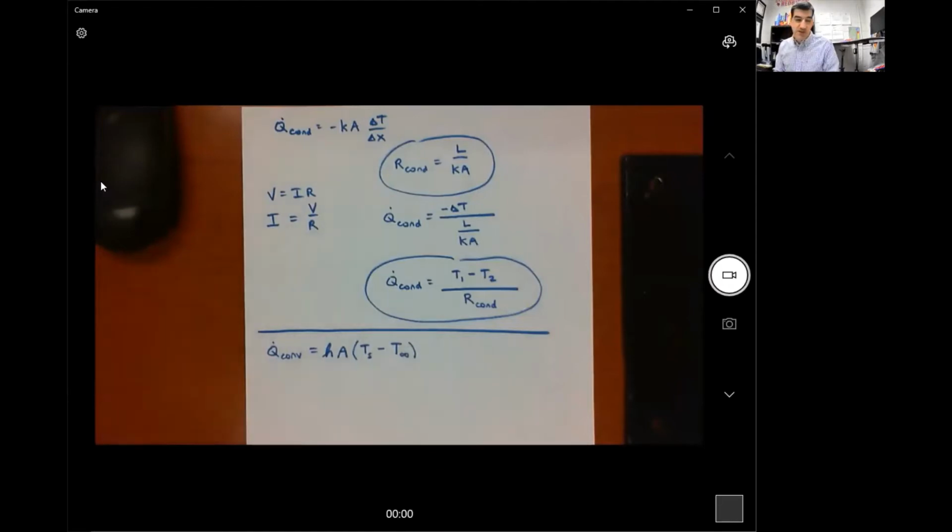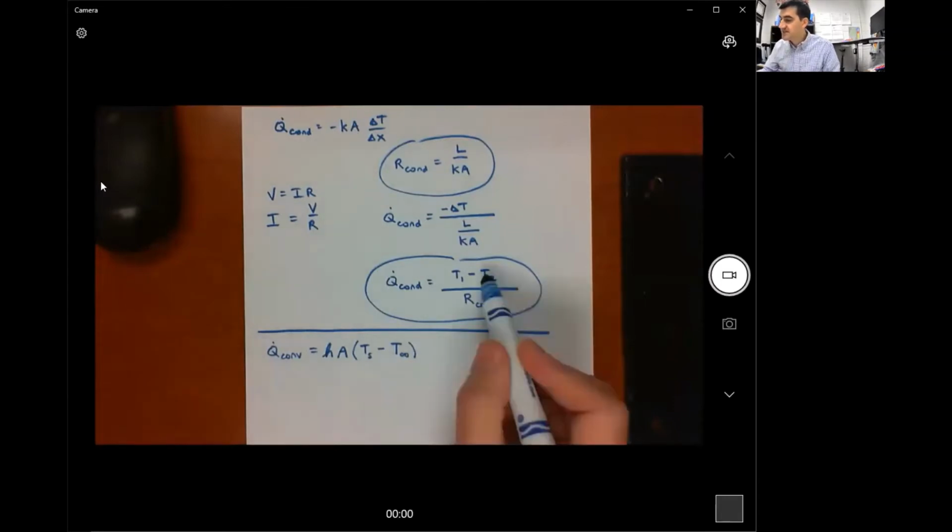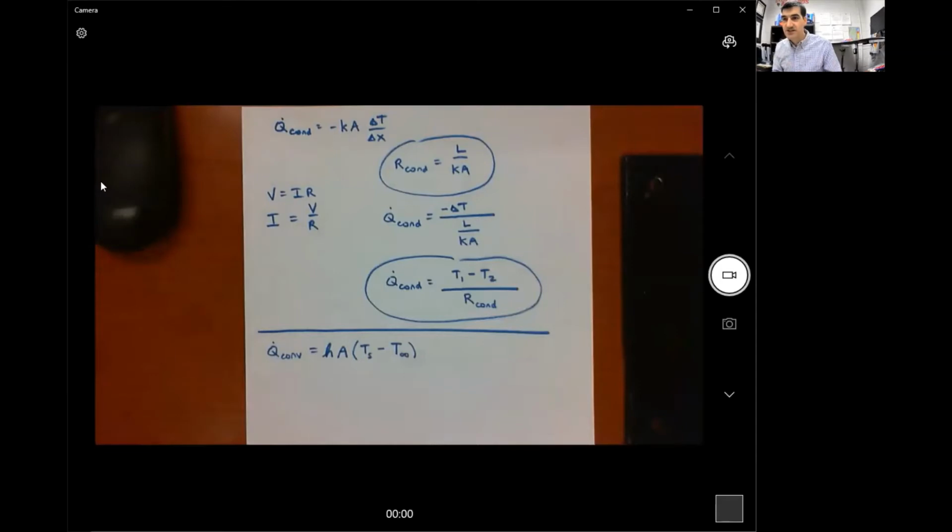So once again, we want to define a thermal resistance so that we could plug it into an equation kind of like this. There's a couple reasons why we would want to do that. But basically it boils down to it's easier to solve more complex and real-world practical situations if we define a thermal resistance for convection.